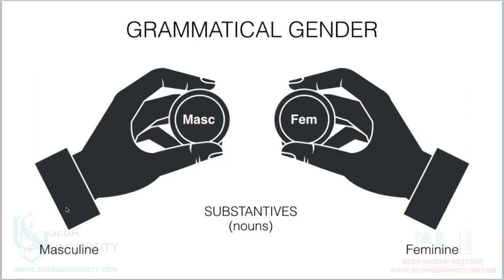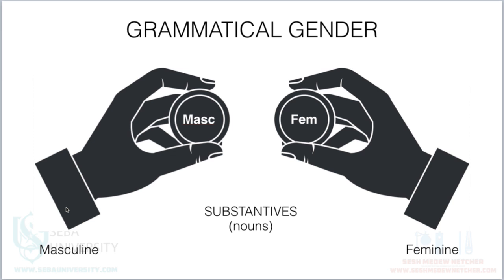So you can look at it this way. In Ranykemet, or the ancient Egyptian language, all of the substantives, in other words, all of the words that we call nouns today, are either masculine or feminine. You can look at them as two sides of a coin.